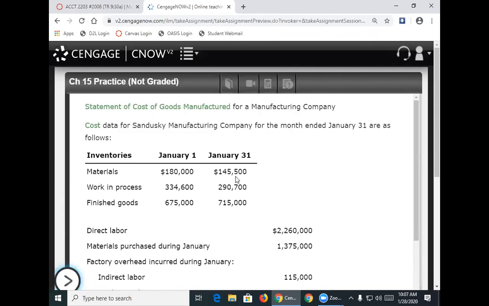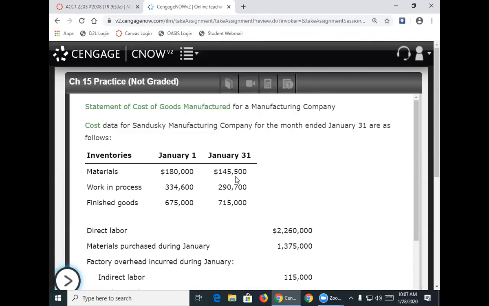Just to set up my T accounts here. Again, before we try to put it into a statement, I think it's easier to put all the costs where they belong. That way we have an idea of where everything is coming from.